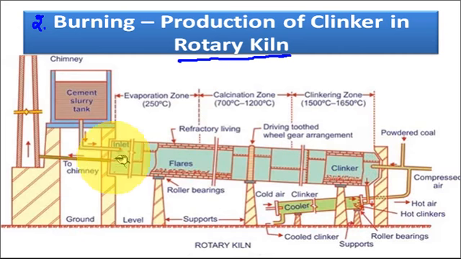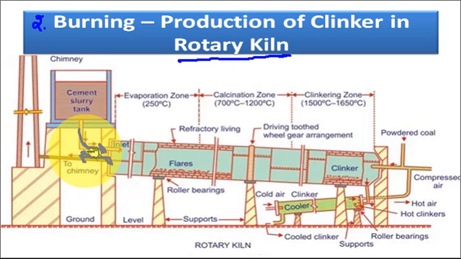The upper end of the kiln is connected with the exhaust chimney and inlet pipe for the raw material. So there are two openings at the upper end of the rotary kiln. First is the inlet for the raw material, and second one is the exhaust for the waste gases released during this process. So these are the upper end openings.